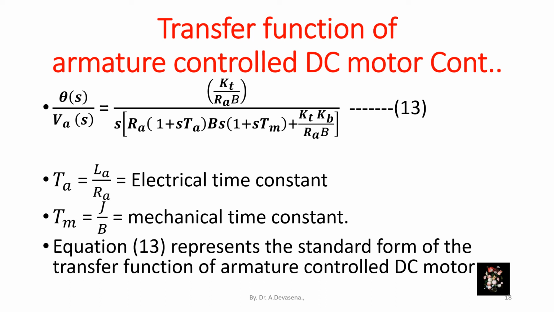That is, the transfer function is the Laplace transform of the output variable θ(s) divided by the Laplace transform of the input variable V_A(s), as indicated in equation 13. This is the required transfer function of the armature controlled DC motor.